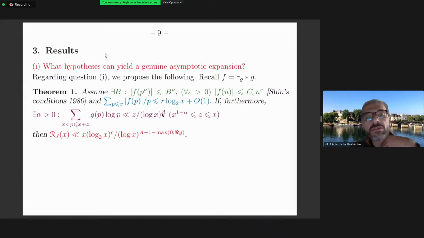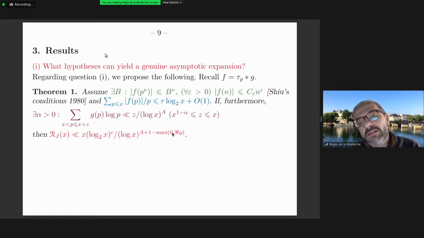So it's a stronger result than the GP condition in the Granville-Koukoulos theorem. But we get a stronger result because we have a bound with x times power log x over log x power A plus 1 minus the maximum of 0 and the real value of rho.